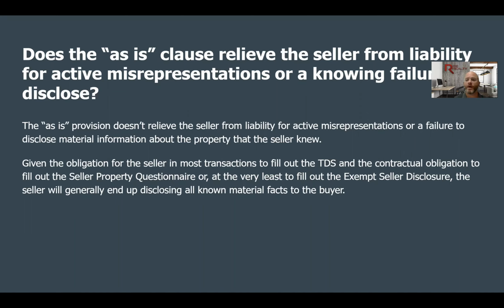So just because we're in a hot market right now and the seller is wanting to sell as is, they're not going to make repairs, and so forth, this doesn't mean that they can't disclose things, and they still need to be as truthful as possible when filling out their disclosures, because a misrepresentation and knowingly failing to disclose is a big problem, and it can lead to some serious damages for them later on.